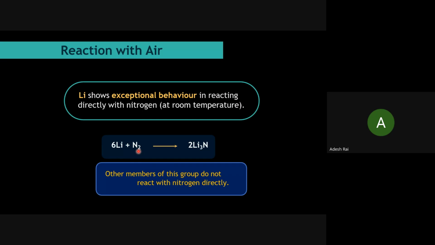Lithium shows very exceptional behavior in this group, and we have a dedicated topic for it. Compared to other members of that group, lithium deviates from some of the reactions and properties, which are studied under the topic called exceptional behavior of lithium.